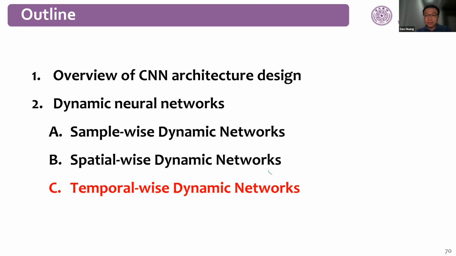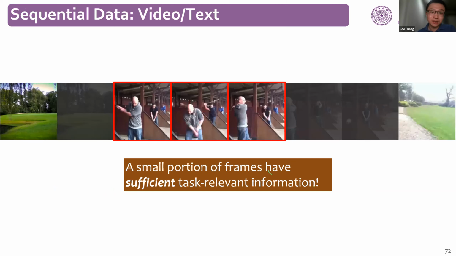The motivation is that for video, only a small portion of the frames have sufficient task relevant information, and many of the frames are actually redundant, for example in action recognition. So we developed a method called adaptive focus for efficient video recognition.